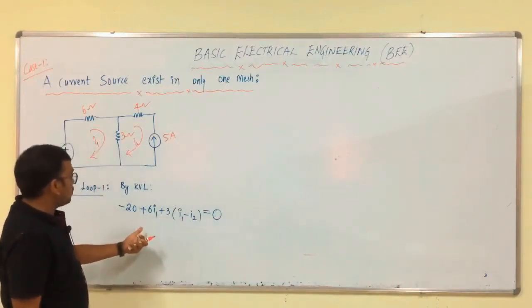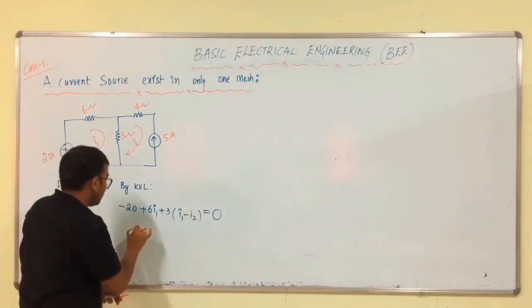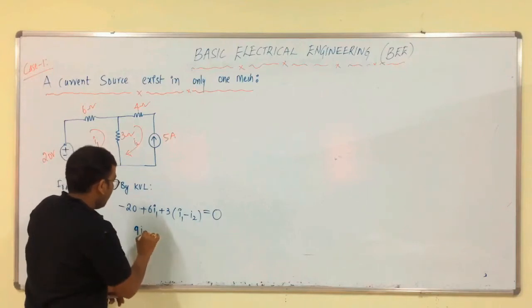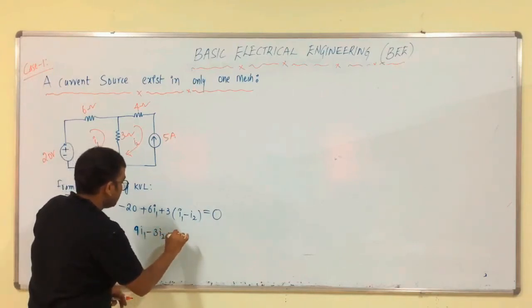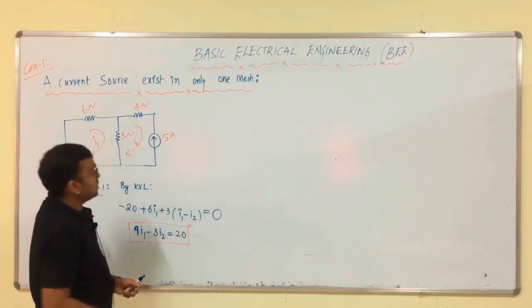So, minus 20 plus 6 I1 plus 3 (I1 minus I2) is equal to 0. From this, 9 I1 minus 3 I2 is equal to 20. So, this is the one loop equation.